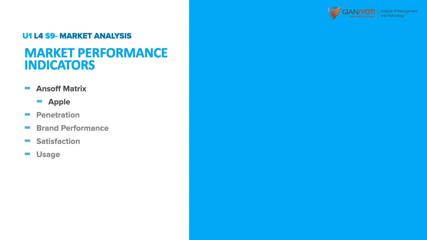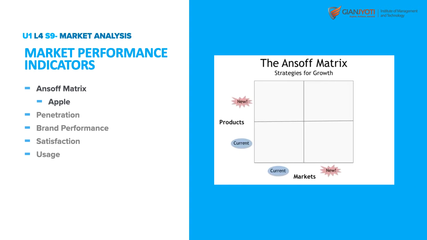Now for the market performance, it is very important to understand the Ansoff matrix, which you might have recollected, for the growth, and then try to look at the performance and see how we can make the strategies which we discussed in the marketing process. The matrix says that you have the markets and you have the products.